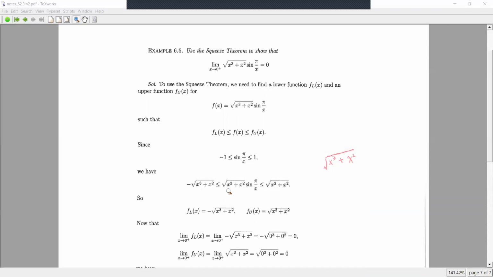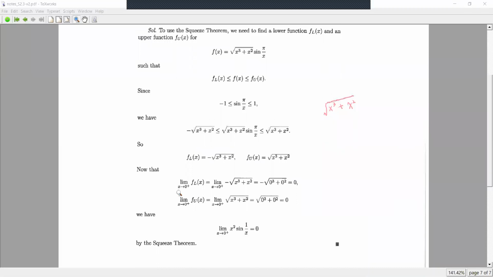So I multiply these three terms by a positive factor. Then we have this sandwich. We have these two inequalities. So this is a lower function for the function f, and this is an upper function for the function f. Now we compute limits on the lower function and the upper function.